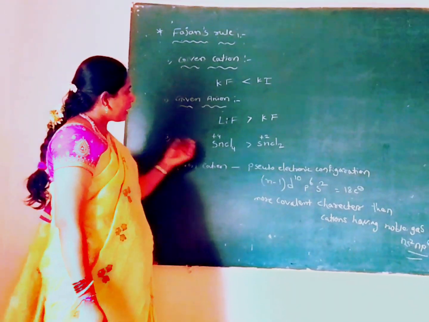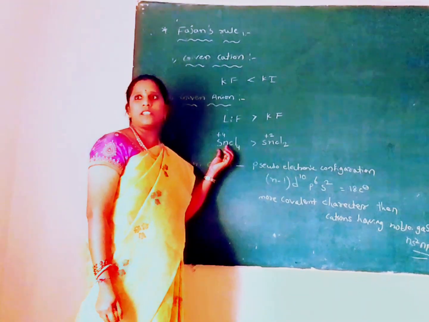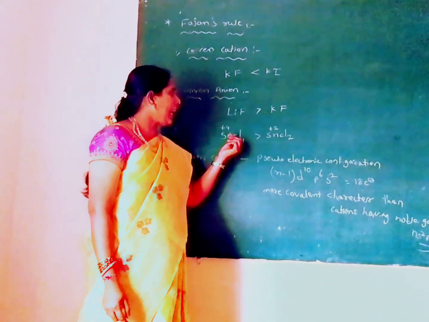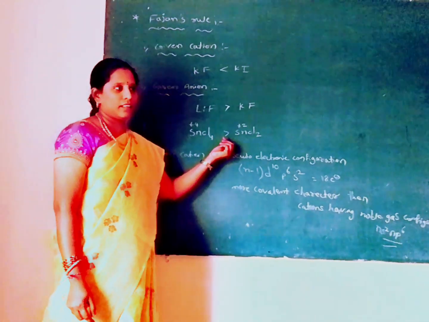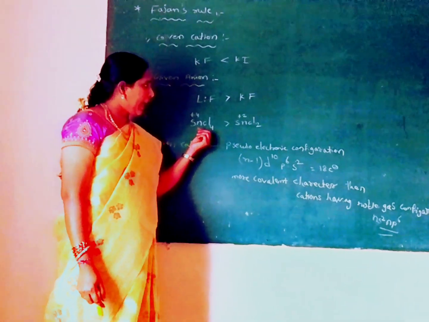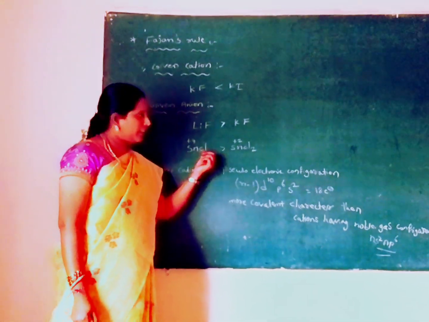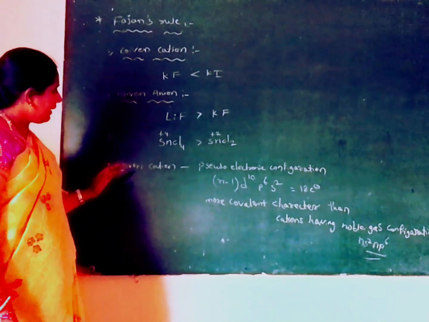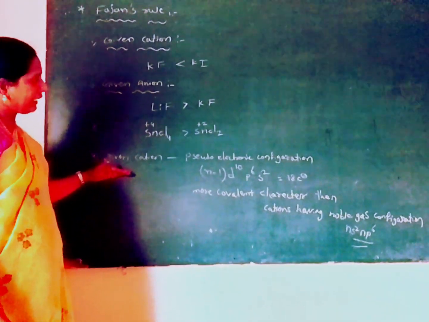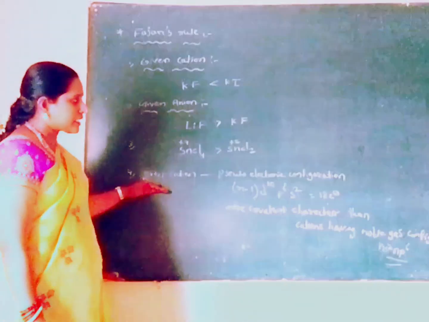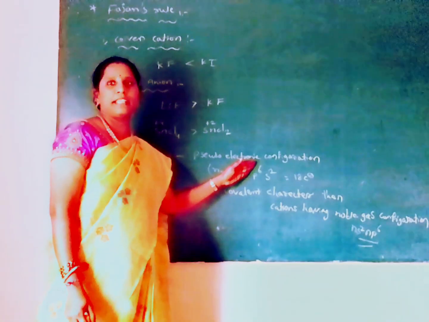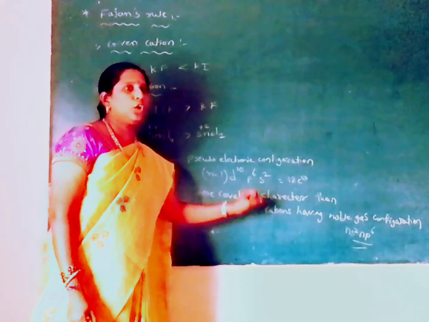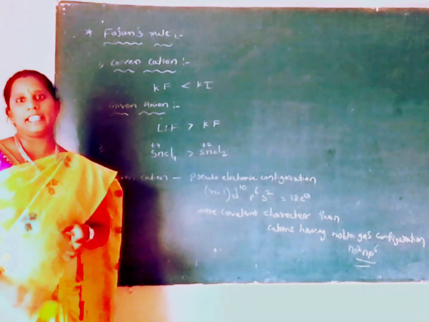Next, the compounds which have more charge will have more covalent character, so tin tetrachloride has more covalent character than stannous chloride. And next, cations with pseudo electronic configuration have more covalent character than those with noble gas electron configuration.